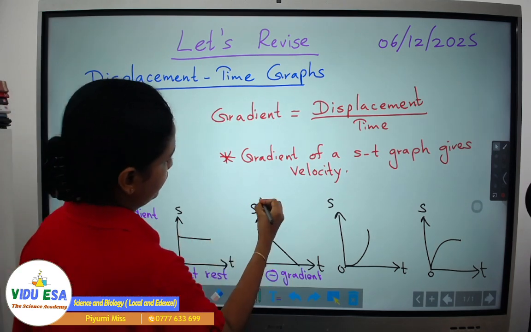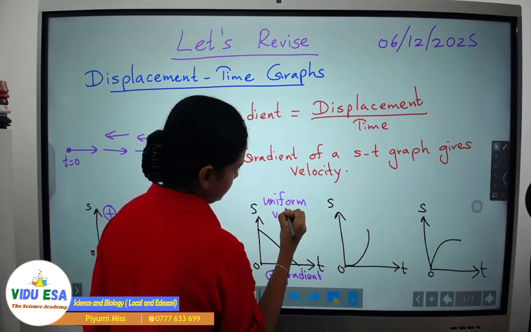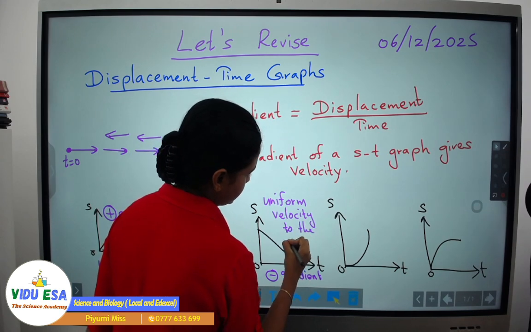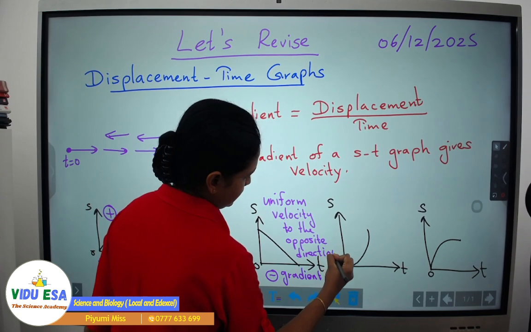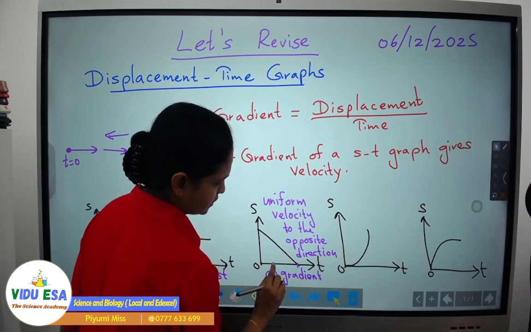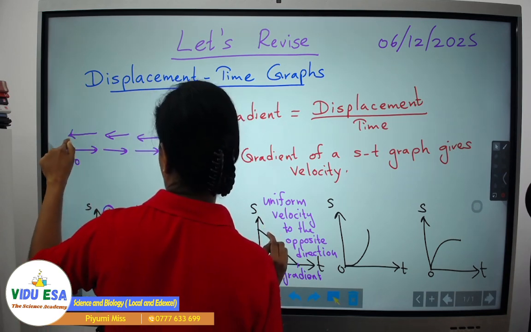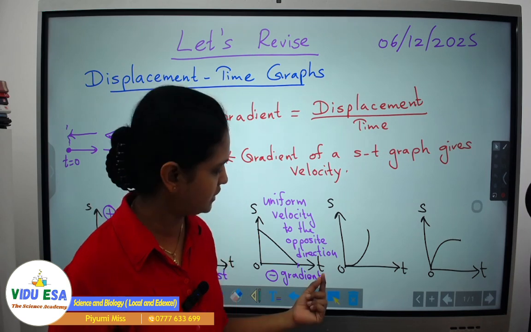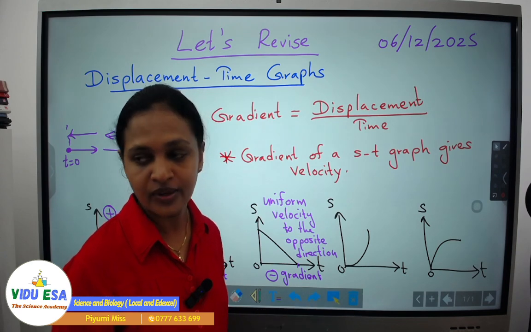Here this is a uniform velocity, but to the opposite direction. At the end you can see the displacement has become 0. That means it has reached the starting point once again. Therefore, the displacement has become 0. This is a uniform velocity to the opposite direction.